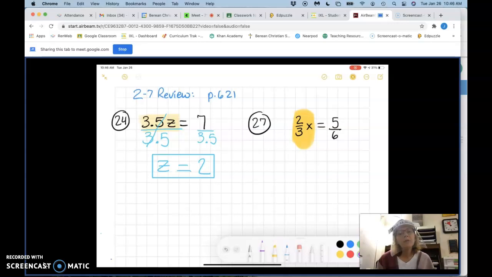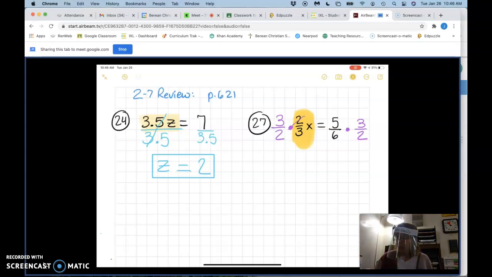But remember, when you divide by a fraction, you keep, change, flip. So we're going to multiply both sides by the flip. So write this down. What happens to these friends next to the x? They cancel each other out.